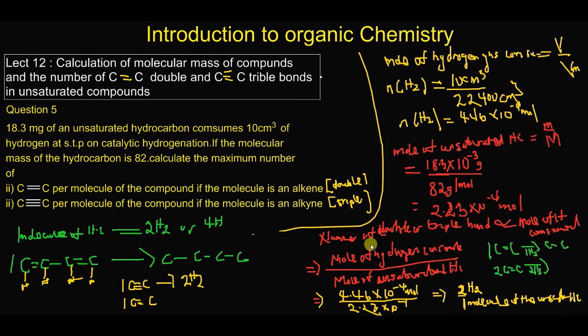Once you divide, you can find per molecule of the unsaturated hydrocarbon, because when you divide you get a simplest ratio, that is 1 molecule of the hydrocarbon to the mole of hydrogen gas that will be consumed. Once you know the ratio, then since 2 hydrogen gas was consumed, it will roughly mean that this is the number of double bonds or triple bonds that will be inside.